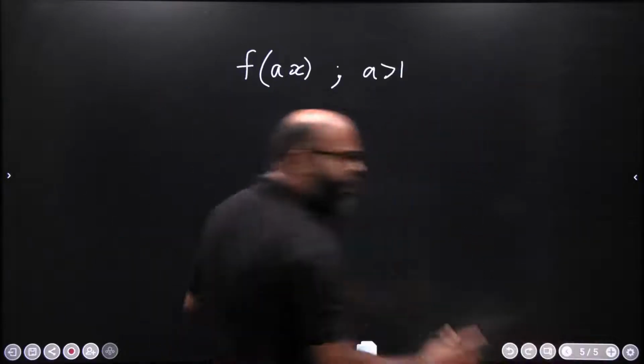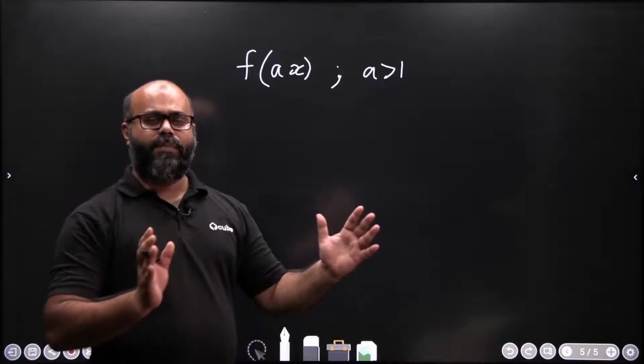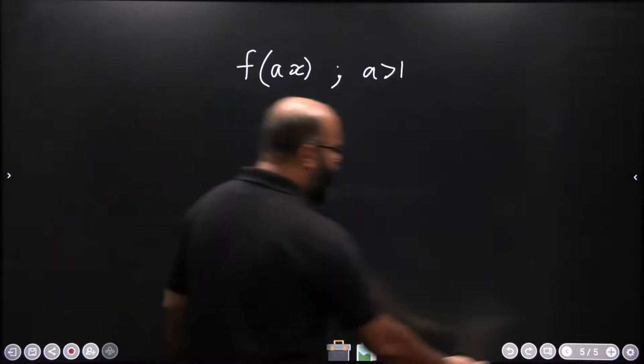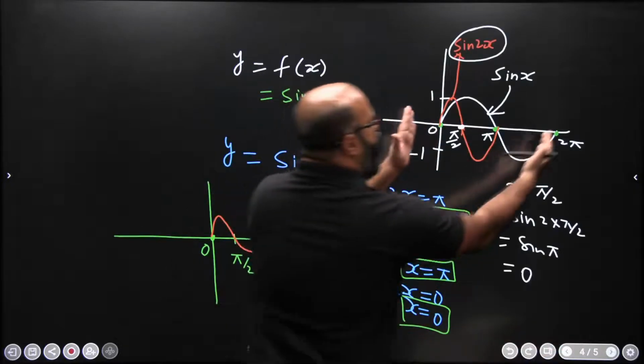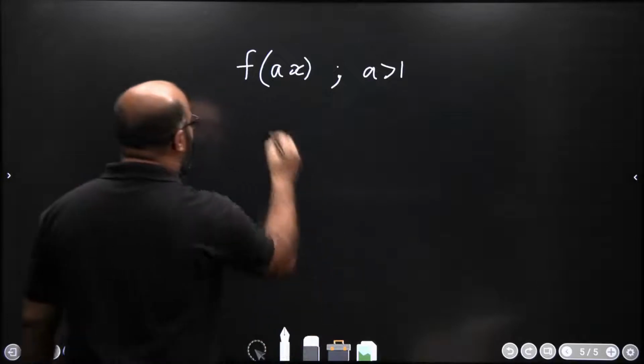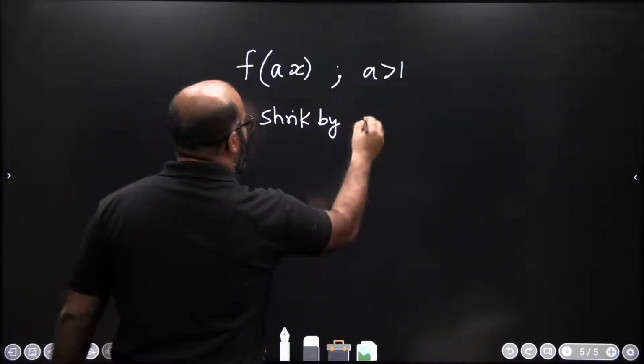It will shrink by a times. Earlier it was shrinking 2 times. If you multiply by 3, it will shrink 3 times. As you can see here, this graph has got half of what it was earlier. So it will shrink by a times.